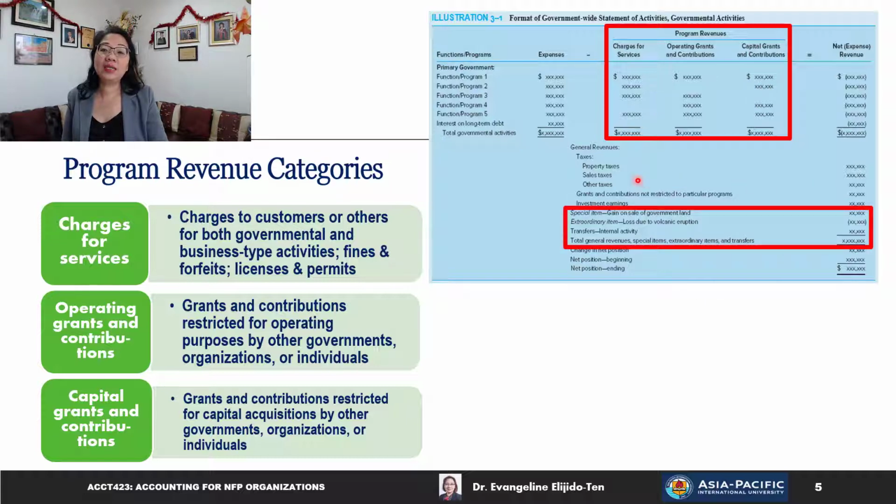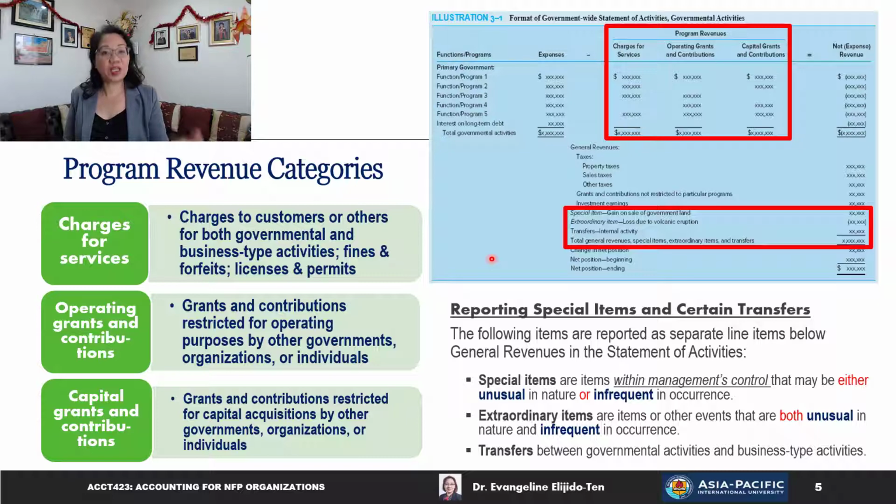Now let's look at this bottom portion of the statement of activities. You will notice specific items such as special items. These are items within management control that may be either unusual in nature or do not occur frequently. So they're either infrequent or unusual, and it has to be within management control.